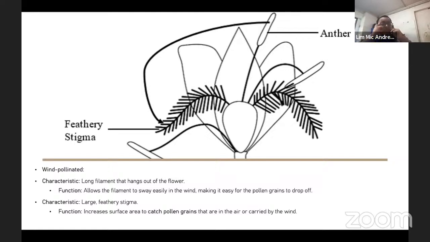Long filaments hang out of the flower to allow the anther to sway easily in the wind, making it easy for the pollen grain to drop off when the wind blows. This kind of flower also has a large feathery stigma that increases the surface area to catch pollen grains in the air or carried by the wind. So this is a picture of an example of what a wind-pollinated flower looks like.